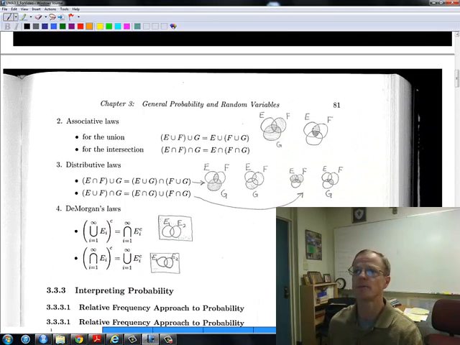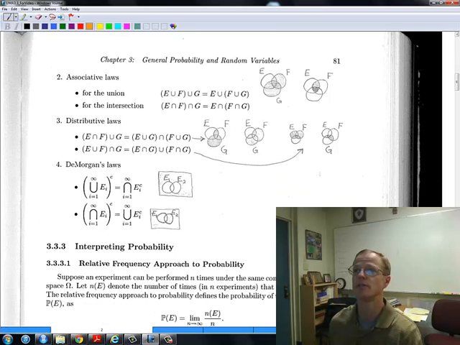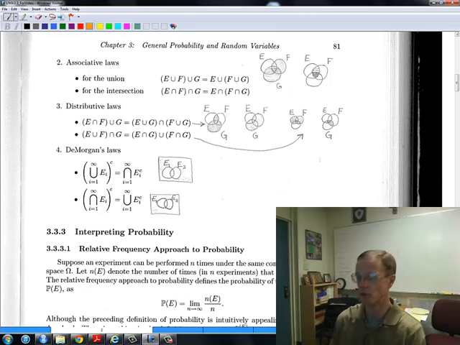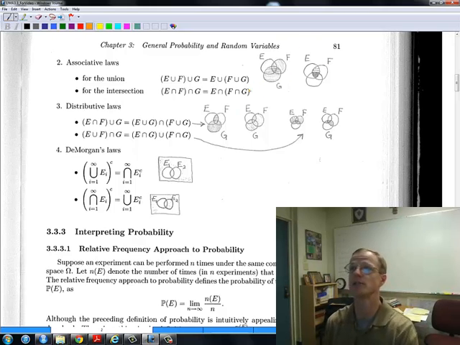So let's see. Associative laws. Again, we want to go through these. I've got some sketches drawn out here, but you want to do each one and convince yourself.